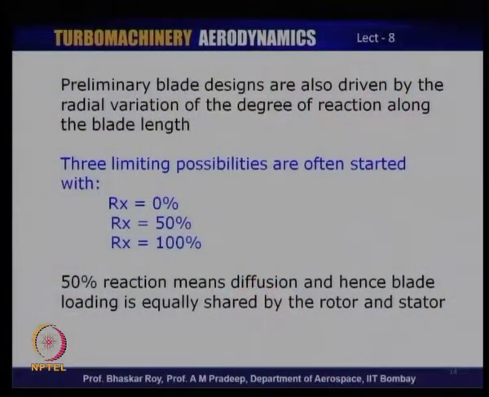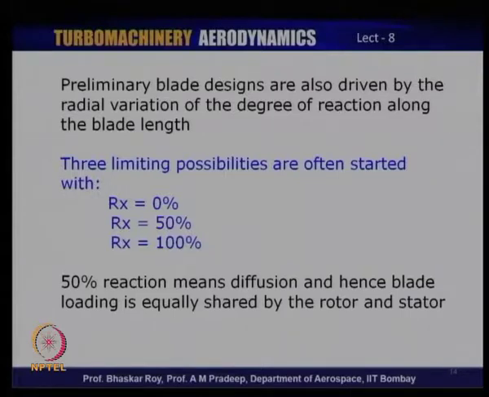Now, the preliminary designs are also driven by what we have discussed as the degree of reaction along the blade length. Now, the three limiting possibilities are often started with when you are creating a first cut blade design. The three possibilities are degree of reaction equal to 0%, degree of reaction equal to 50%, that is the most popular one, and the degree of reaction 100%.